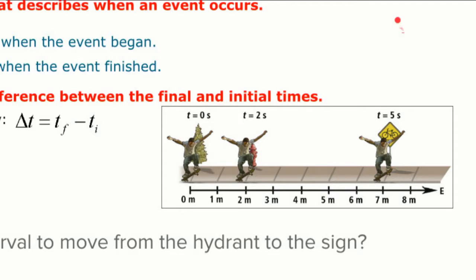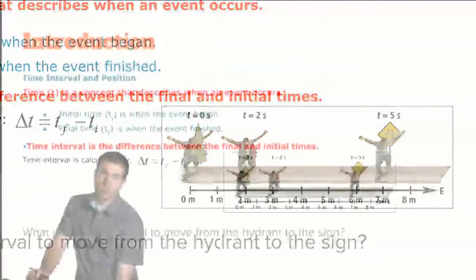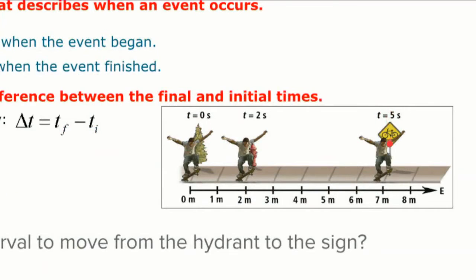Even though at the sign you're at 5 seconds, the event, which is from the hydrant here to the sign, only took 3 seconds because you're at 2 seconds, 3, 4, 5. Now you're here. So 5 minus 2 gives you 3 seconds. So that's what you're doing in your head. That event took 3 seconds.